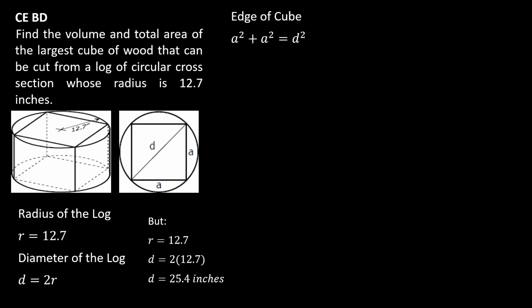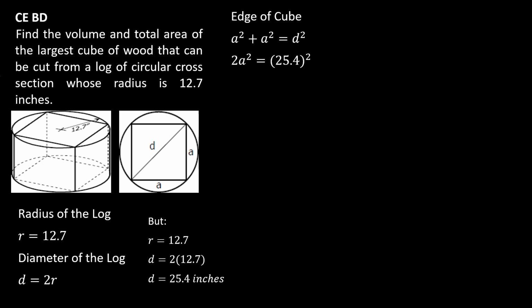By the way, the Pythagorean theorem states that the square of the hypotenuse is always equal to the sum of the squares of its legs.